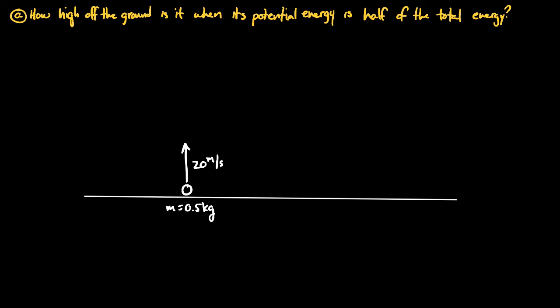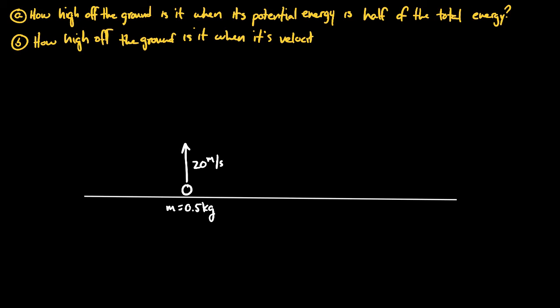Again, how high off the ground is it when its potential energy is half of the total energy? B, how high off the ground is it when its velocity is half? And C, what maximum height does it attain?